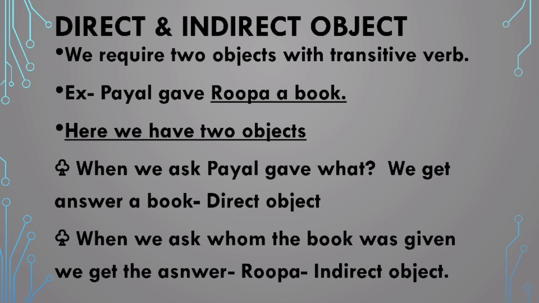Book is the direct object. And when we ask whom the book was given, book kisko di gayi thi, we get the answer Rupa, and that is the indirect object. So students, direct objects basically include non-living things, and indirect include living things. Okay, so these are the two kinds of objects. Direct object, non-living thing, indirect object, living things, right?